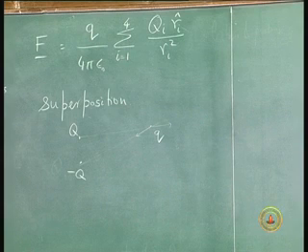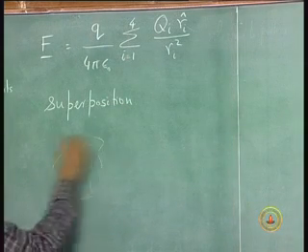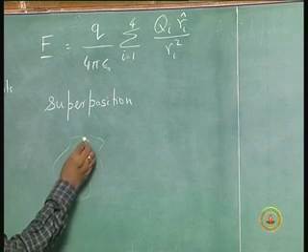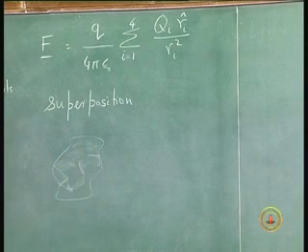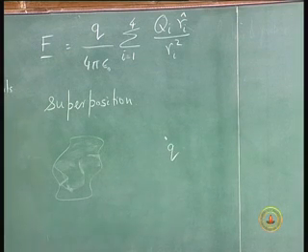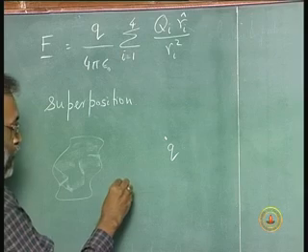Supposing I had a cloud of charge, a lot of charge, distributed over a region, and I want to know what is the force on a charge q somewhere else. Well, this equation is still true.